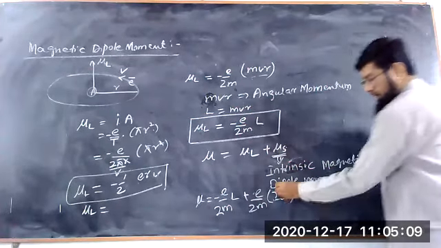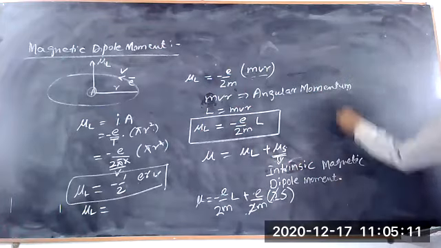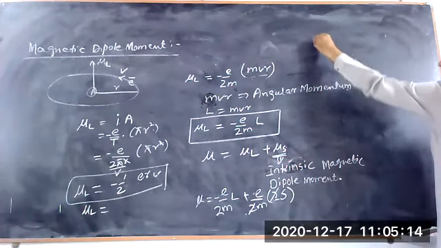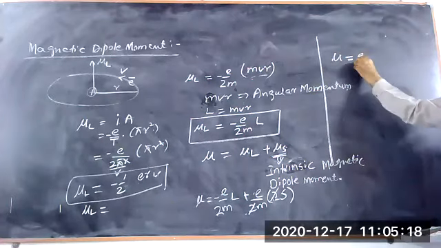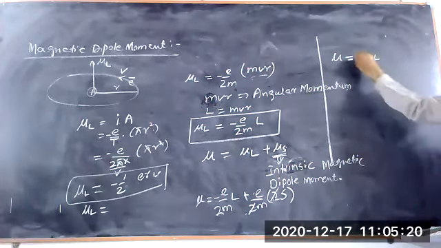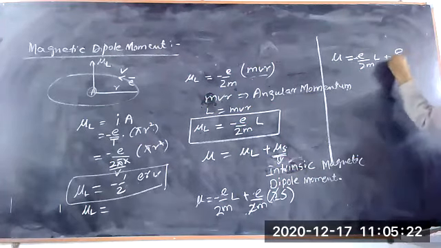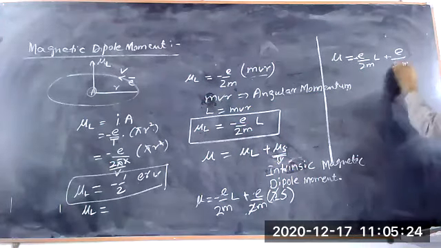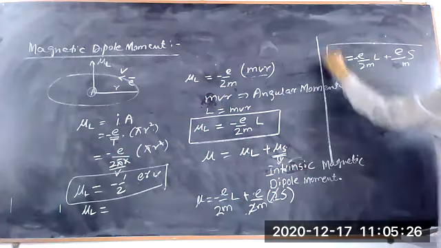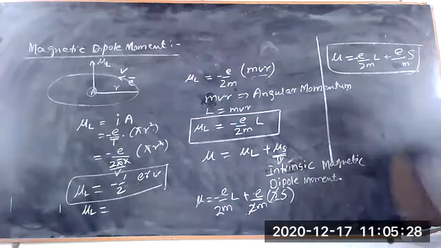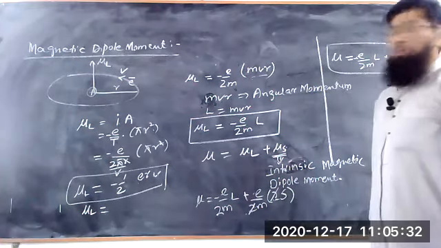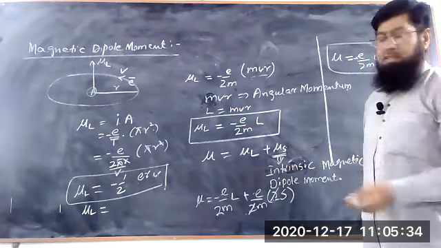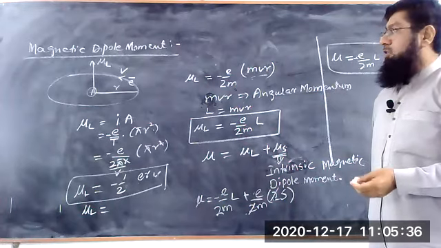So the 2s cancel, and the total magnetic moment is equal to minus e over 2m times L plus e over m times S. This is the total magnetic moment due to the orbital motion and the spin motion. This is what we discussed in our previous lectures.